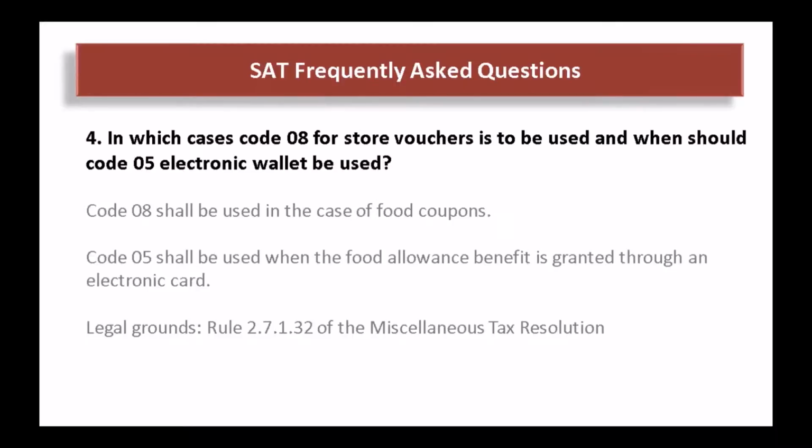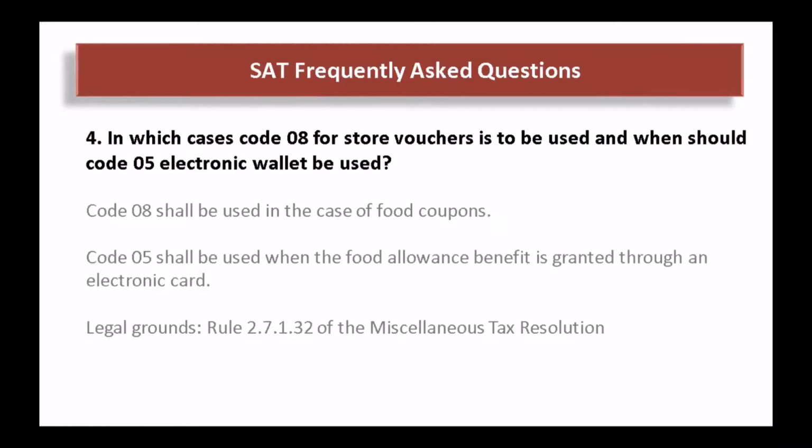This is something that can be tricky as well, because when making a payroll receipt, companies usually give the benefit of food coupons to employees. You have to be very careful, because food coupons, if they are delivered to the employees in paper, are non-deductible. So we will want to avoid using Code 8, because Code 8 is for food coupons paid in paper.